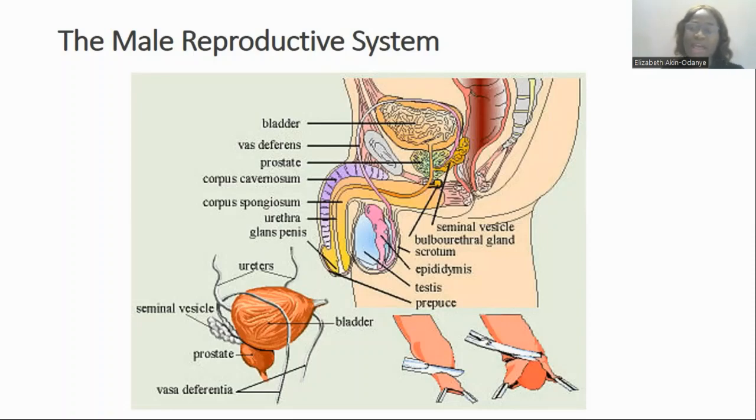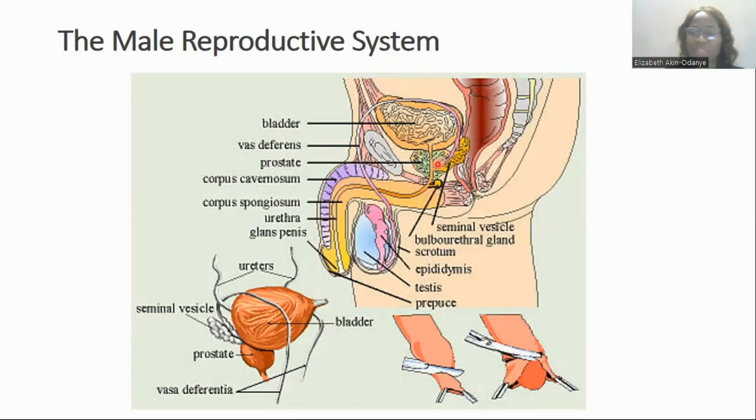Now the urethra also receives the contents of the bladder. Here is the bladder, and this is the urethra. This is where the vas deferens joins the urethra. So both the contents from the bladder and the contents from the vas deferens are emptied into the urethra.